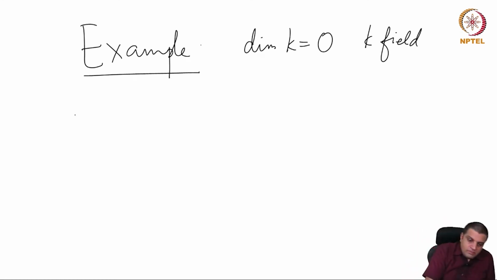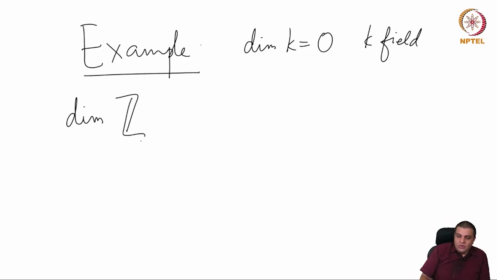Now the dimension of Z. To start with, the only rings that we know are Z, Q, and maybe fields. For an algebra, we have to start measuring from somewhere. So now, what about the dimension of Z?